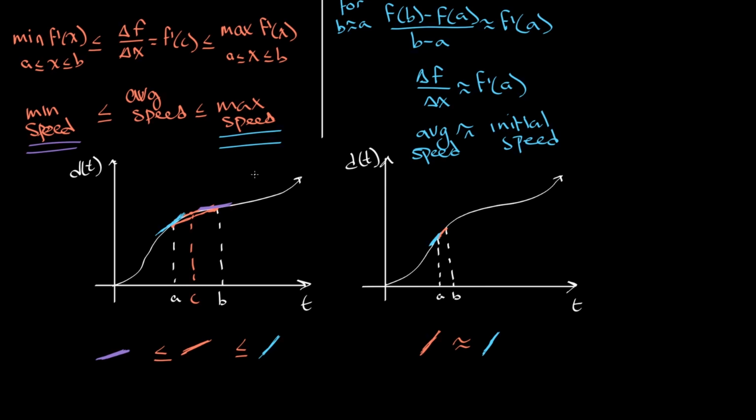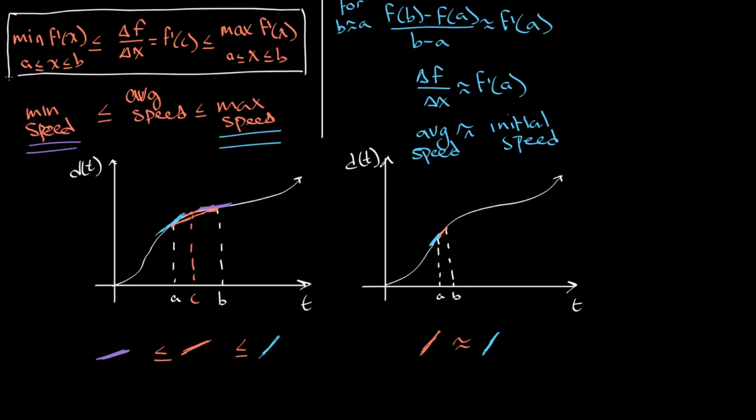So hopefully that can clear up some things, especially when you see the mean value theorem and the linear approximation formula presented like this, and you're like, whoa, those look similar. How are they different? Hopefully that cleared things up for you a little bit graphically and using some examples of cars and speeds. And in the next video, we're actually going to use this extended form of the mean value theorem in order to solve a new type of problem.